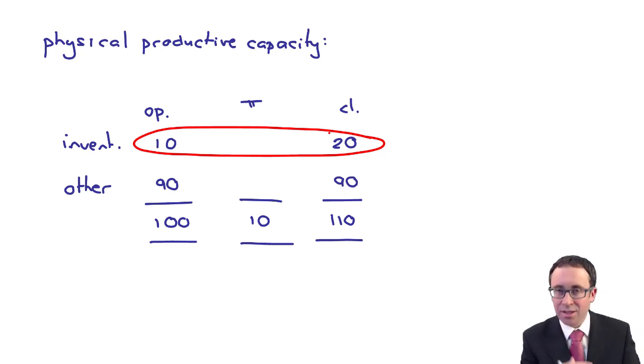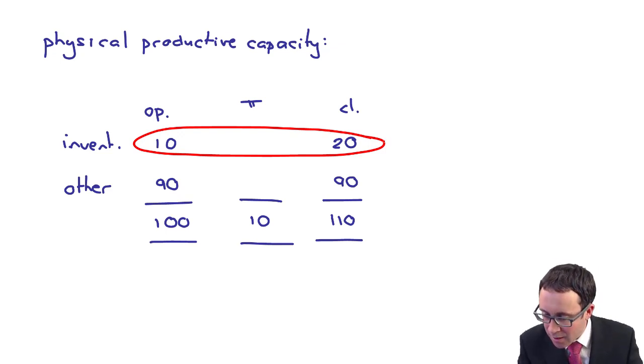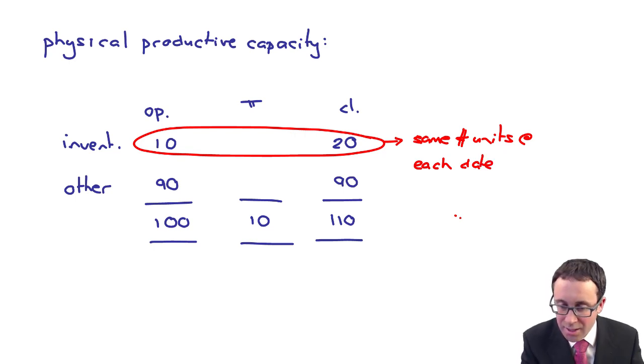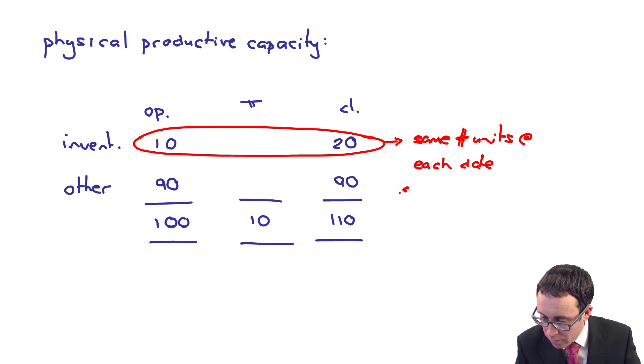Now, if that change in the value of the inventory is because of inflation, and what happens there is that you have ultimately the same number of units at each date, then what you've got there, therefore, there is no profit, is there?